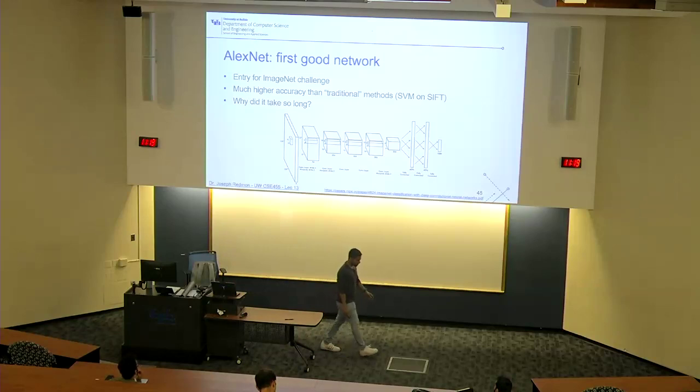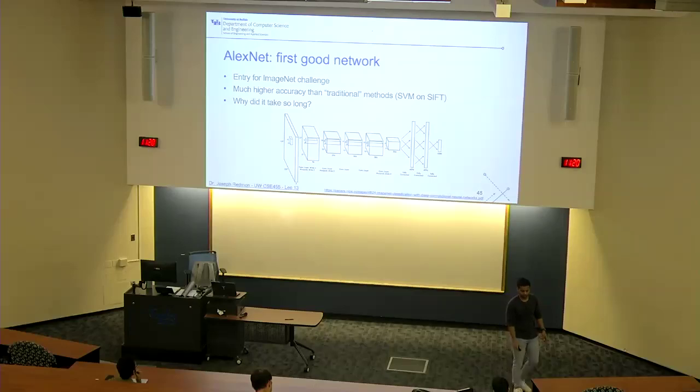AlexNet. This was created by Alex Krizhevsky, and this was his group's entry for the ImageNet challenge, and they were able to get a much higher accuracy than all of the previous state of the art, which was using SVMs with SIFT features.